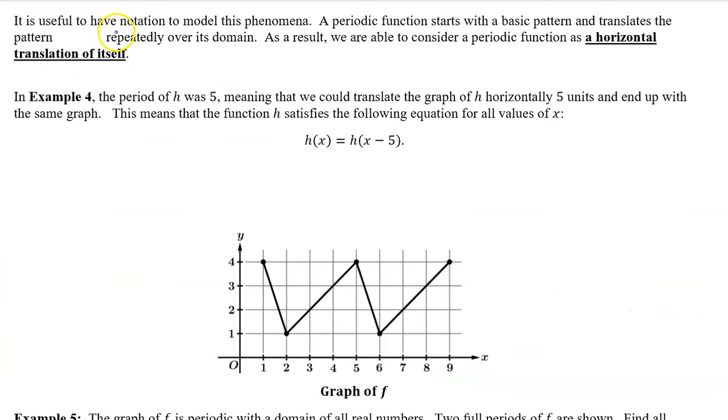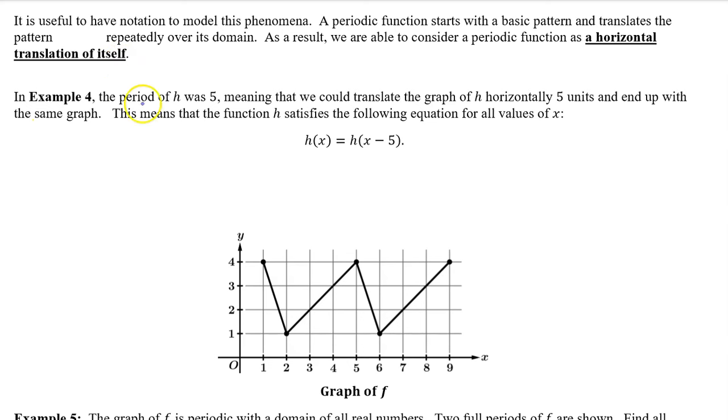It is useful to have a notation to model this phenomena. A periodic function starts with a basic pattern and translates the pattern repeatedly over its domain. As a result, we are able to consider a periodic function as a horizontal translation of itself.